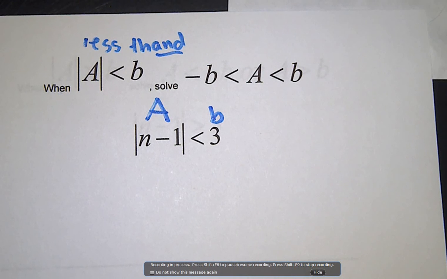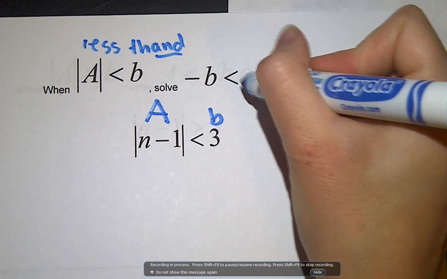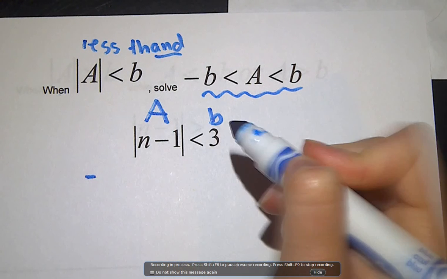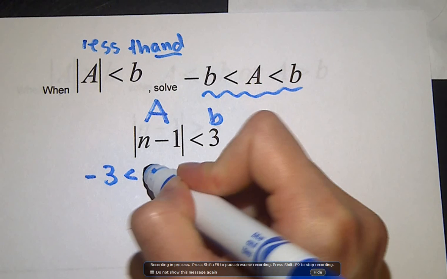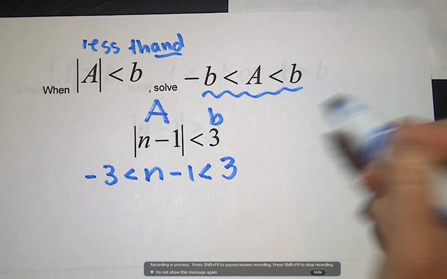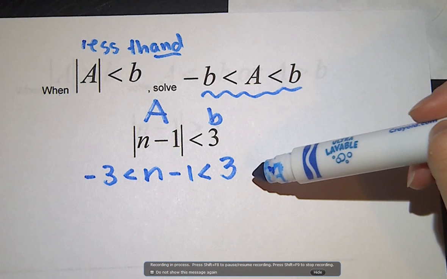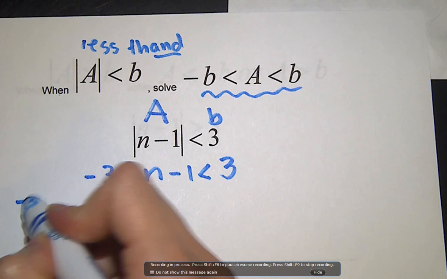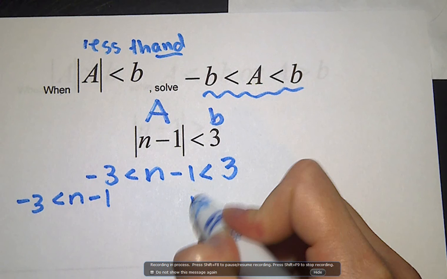So the way that I'm going to solve this is I'm looking up here. I'm going to solve negative B, so I put in negative 3, because 3 is my B, is less than my A, which is n minus 1, which is less than my B, which is 3. Now this goes back to our lesson yesterday, a compound inequality. So you just solve the first half, negative 3 is less than n minus 1, and you have to solve n minus 1 is less than 3.